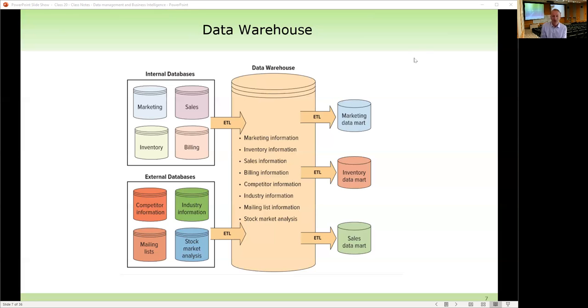And so normally salespeople, sales managers would use predominantly the sales data mart or the sales data warehouse to do their work, whereas the marketing department would use the marketing data mart or marketing data warehouse in order to do their decision making. So these marts are subsegments of the big data available in the big data warehouse.